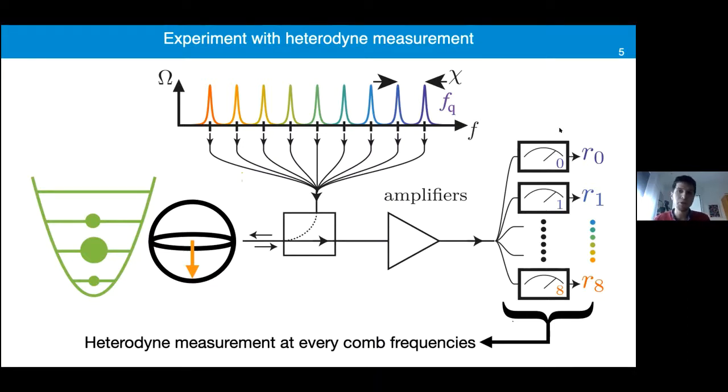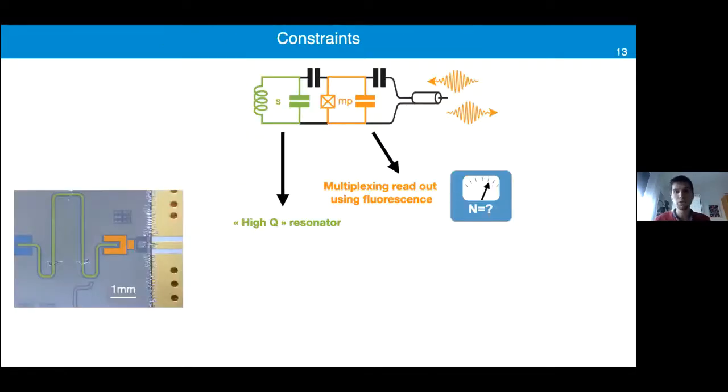And so I will show you now that with this setup, we can check that the 2 main ingredients of the Gedanken experiment work. So what are the constraints for the experiment? First, you need an IQ resonator. So in our case, it was a λ/2 resonator here in green. And you need a qubit coupled to a transmission line.